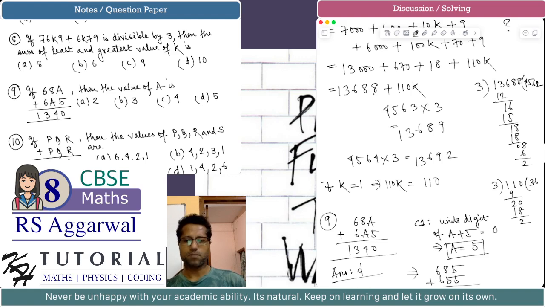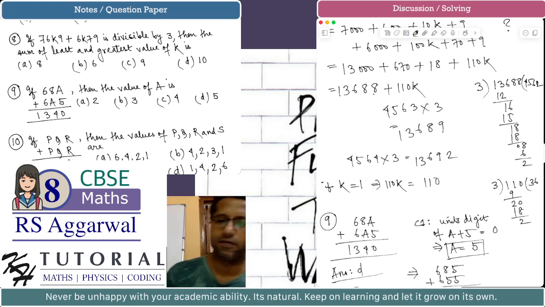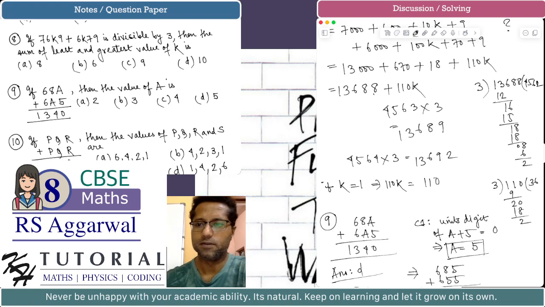So a remainder of 2 plus 2 is 4, and 4 is not divisible by 3. We have to consider a value of k such that 110k when divided by 3 will have a remainder of 1. That is the catch.